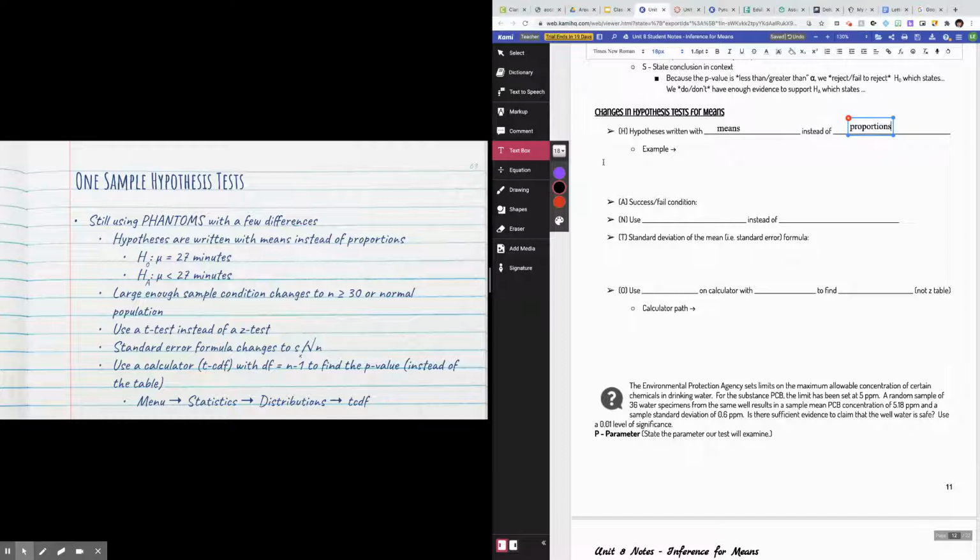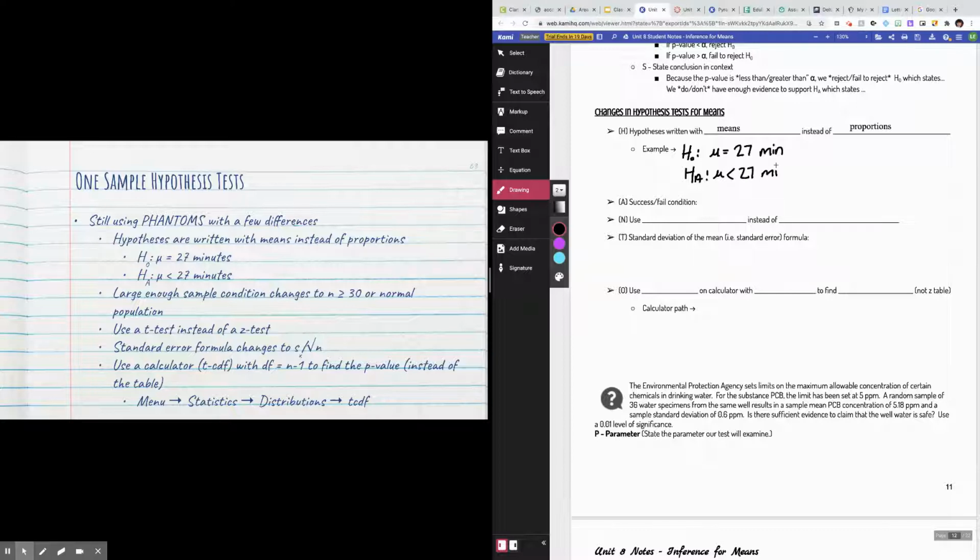So an example would be my null hypothesis would be written, say, mu equals 27 minutes, and then my alternative hypothesis would be something like mu is less than 27 minutes. So rather than using p here for proportion, you're using mu.